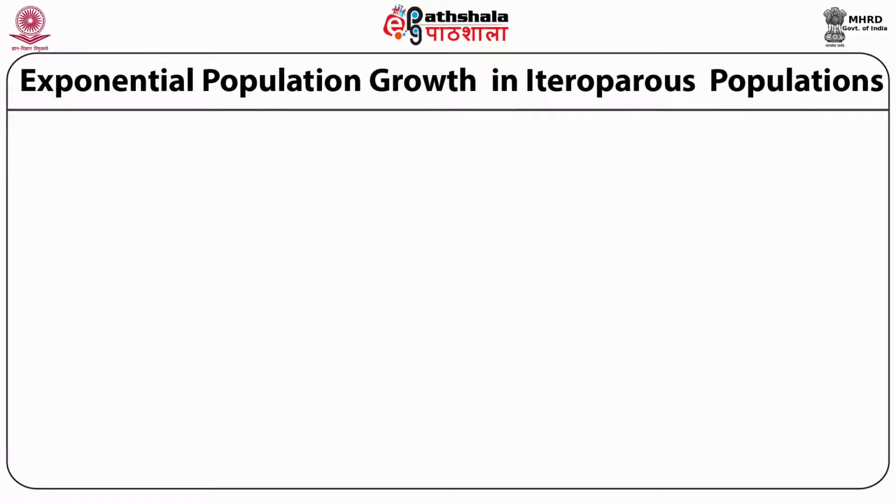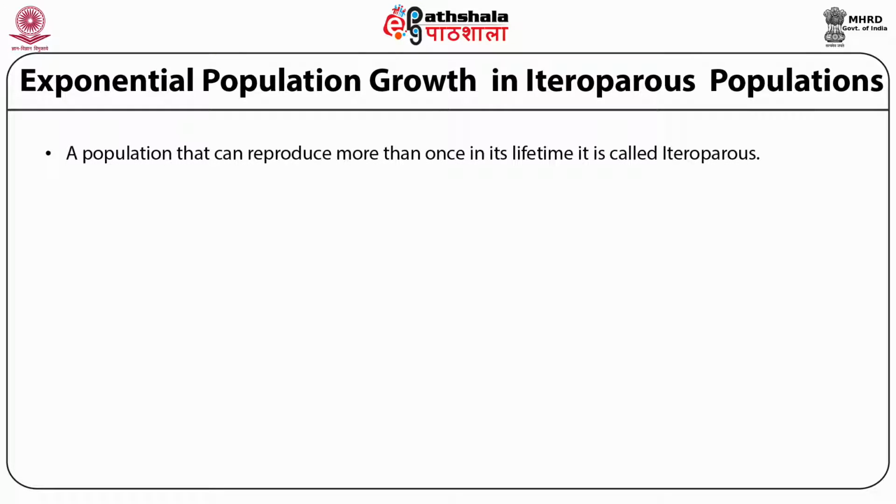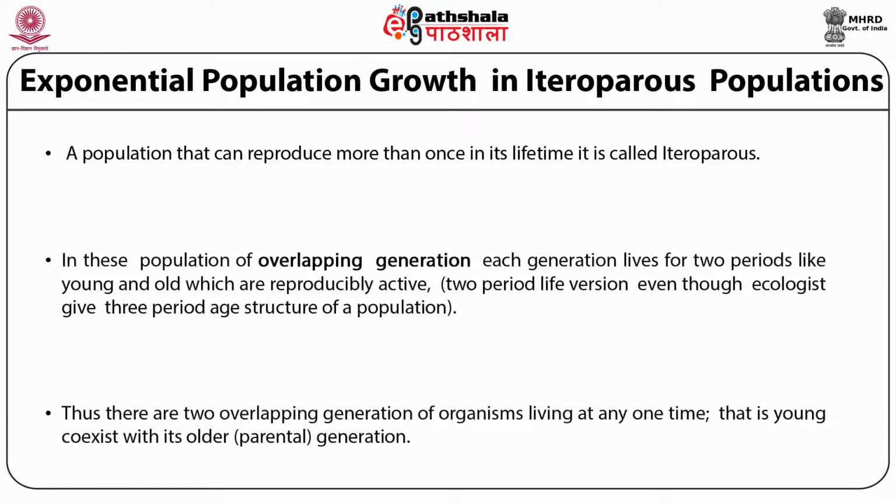Exponential population growth in iteroparous populations. A population that can reproduce more than once in its lifetime is called an iteroparous population, as we have discussed in part 1. These are populations with overlapping generations. Each generation lives for two periods, like young and old parents, which are reproductively active.